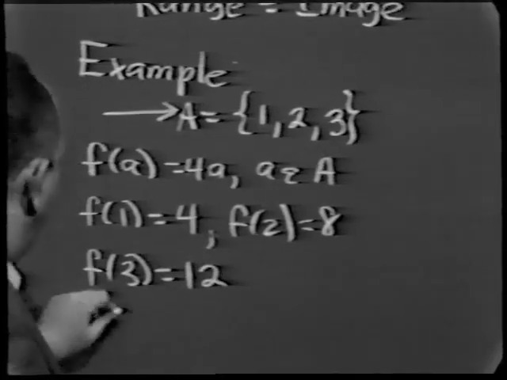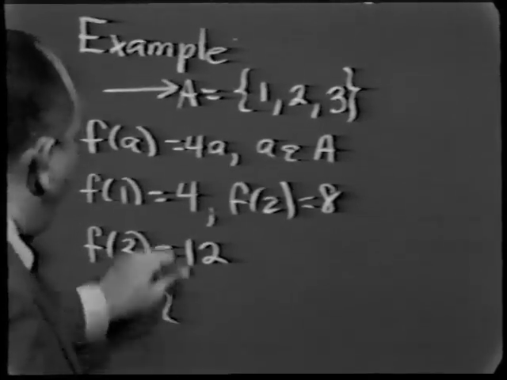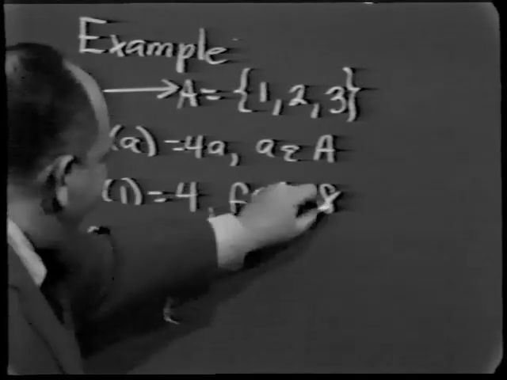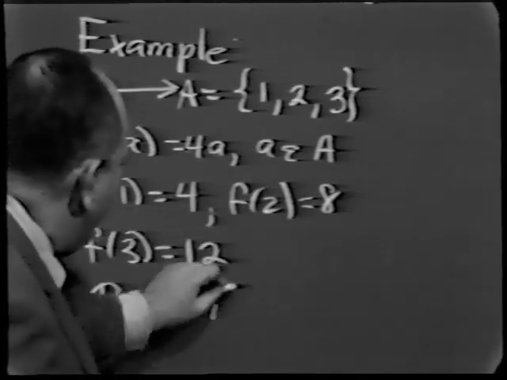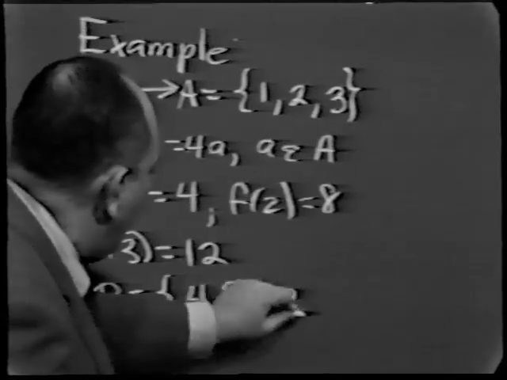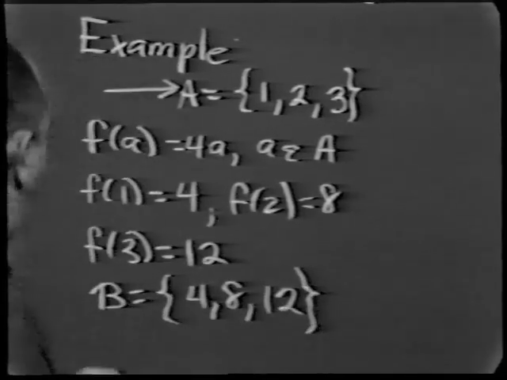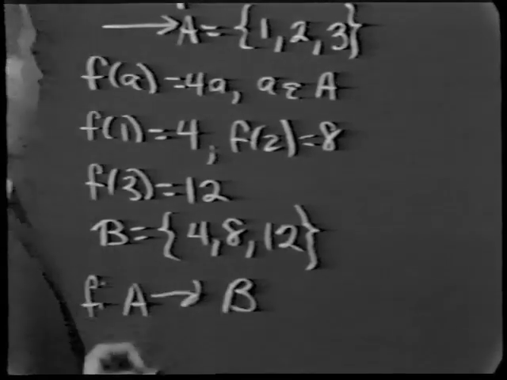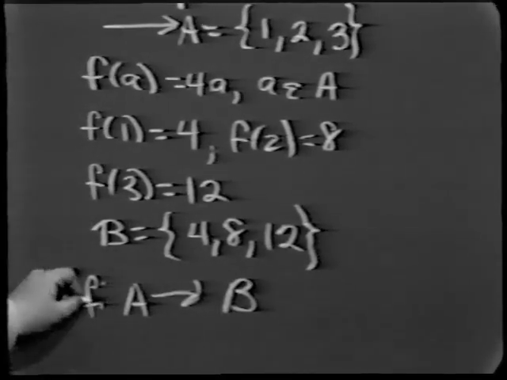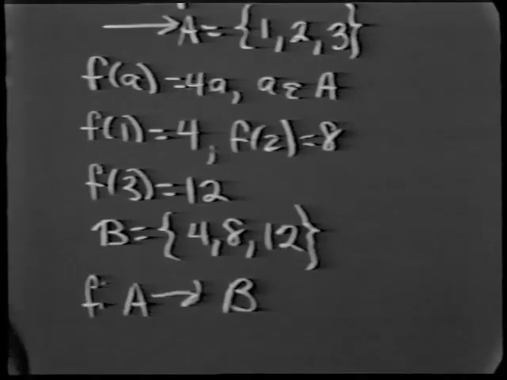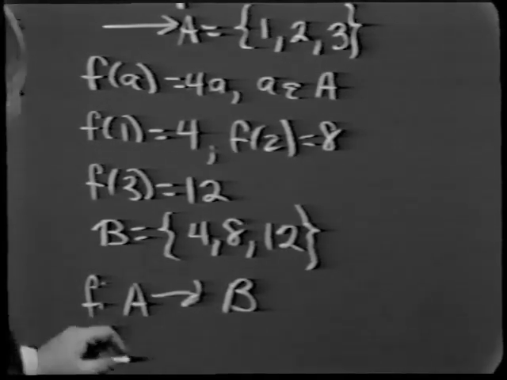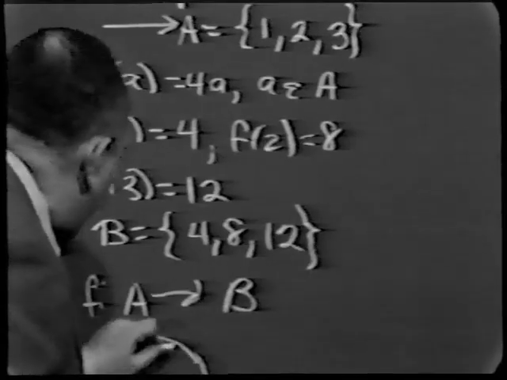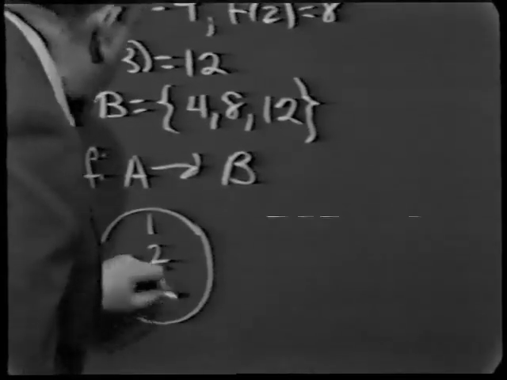Let me now invent a new set B. And the elements of B, as you could probably guess, are going to be 4, 8, and 12. And now I look at my function f from A to B. Notice that in this case, the function from A to B uses up all of B. In fact, in terms of a diagram, you see, A has what? 1, 2, and 3.